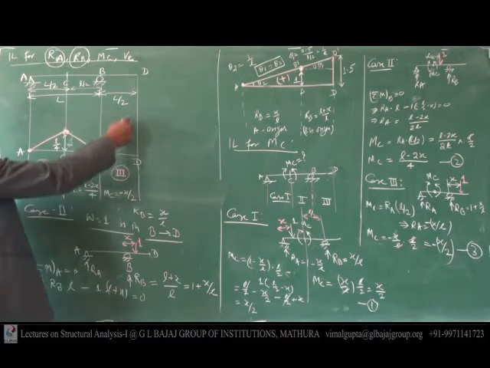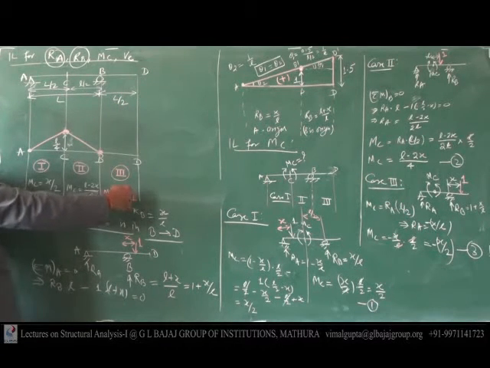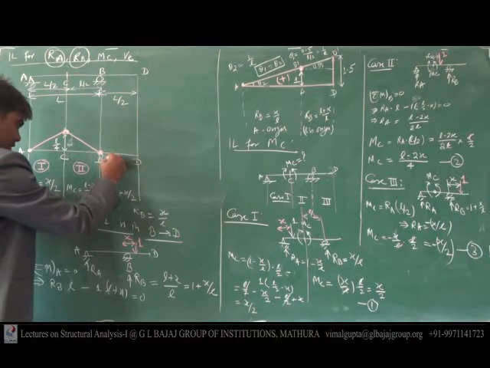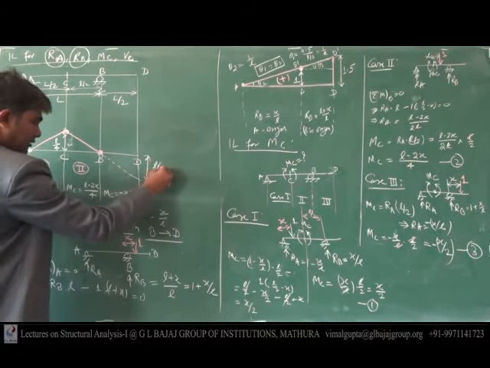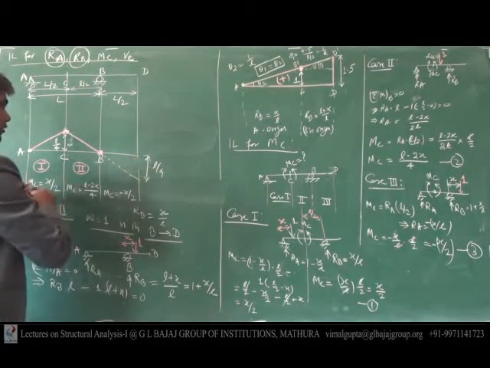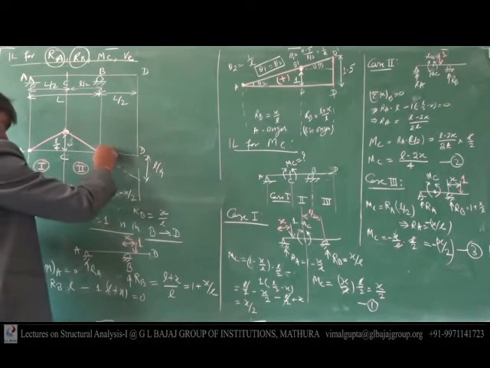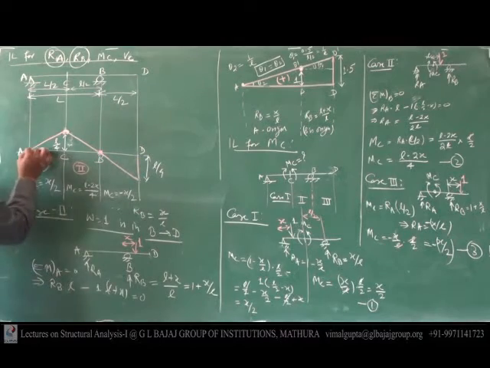So you should not go on the upper side, you have to shift to the downward side. Suppose this is distance L by 4. That is the graph we have obtained.